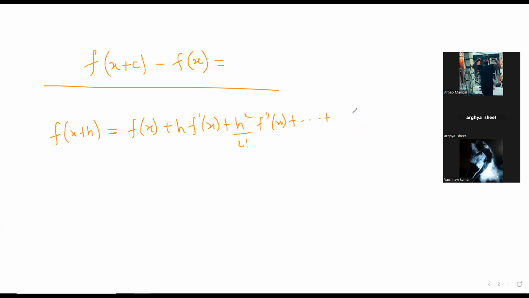It is h to the power n plus 1 by n plus 1 factorial, and this would be the n plus 1 derivative, but at some c which you cannot control. c is between x and x plus h. Is this version correct? There are many versions of this. So this is Taylor's theorem.